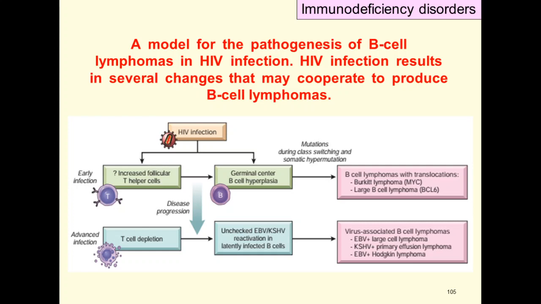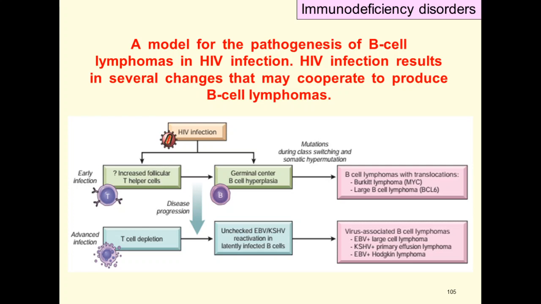But lymphoma is a malignant tumor that originates from, in our case, B lymphocytes. So B cell lymphoma is a common complication of the pre-AIDS and AIDS stage of HIV infection.